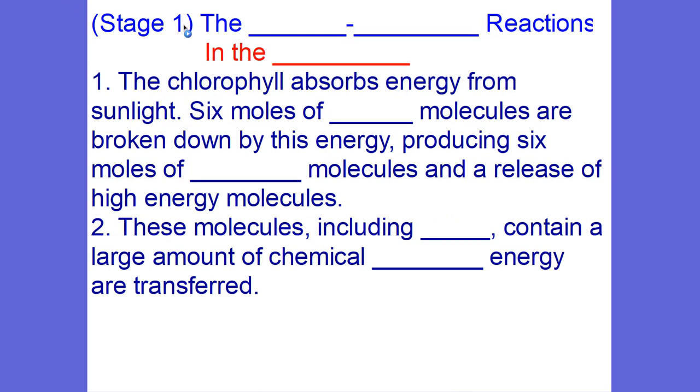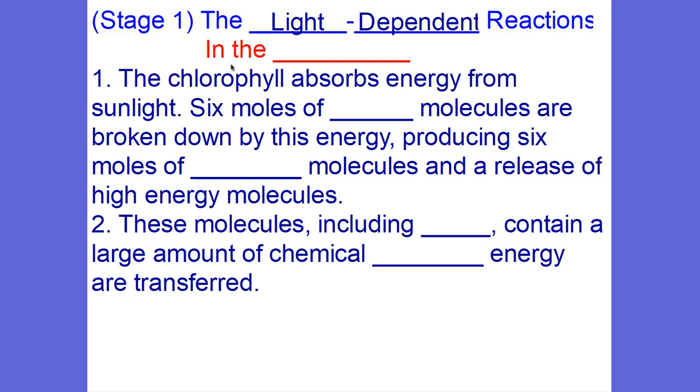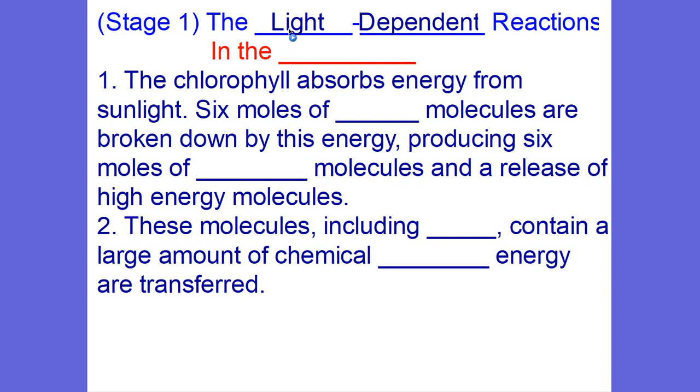Okay. Stage 1 is what we call the light-dependent reactions, and these are all inside the thylakoid. So what happens here is the chlorophyll absorbs energy from the sunlight. 6 moles of water molecules are broken down by this energy, breaking bonds, producing 6 moles of oxygen gas.